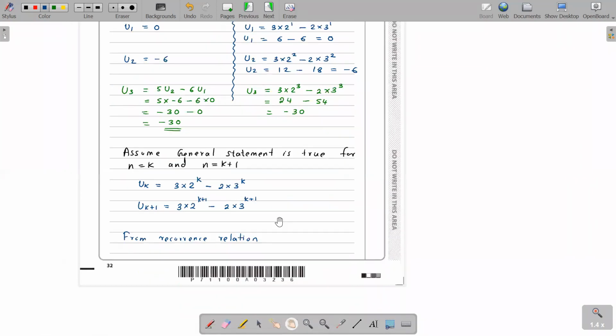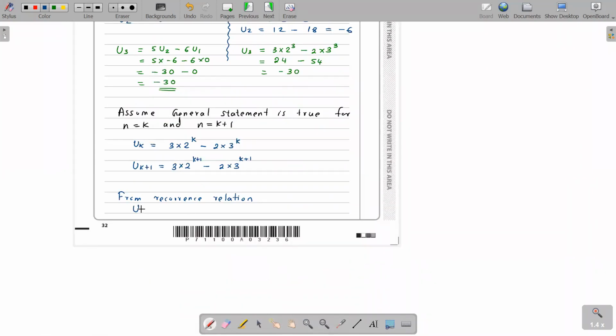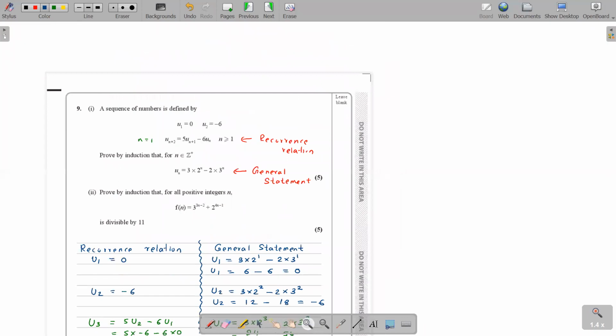So write u_{k+2} from the recurrence equals, tell me the recurrence equation, u_{k+2} equals 5u_{k+1} minus 6u_k, because basically in the recurrence I already have n plus 2 here. All I have to do is replace n with k and I get the k plus 2 term.